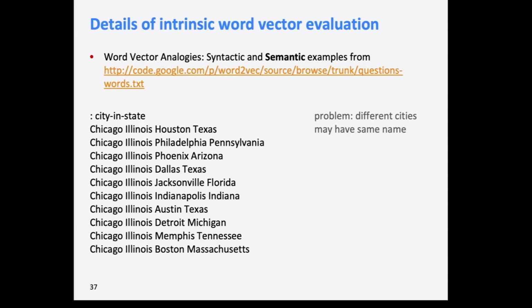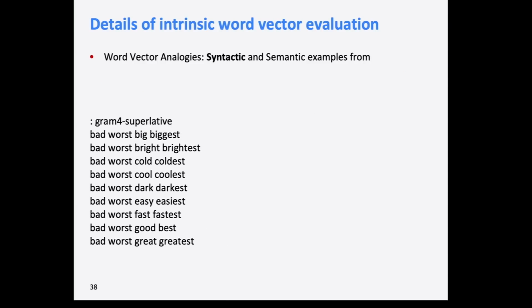So there are a bunch of semantic things it tests, and then there are some syntactic things it tests, so bad, worst, fast, fastest for superlatives. But even some of the ones I was showing before, like Obama is to Clinton, are not actually in this evaluation set.